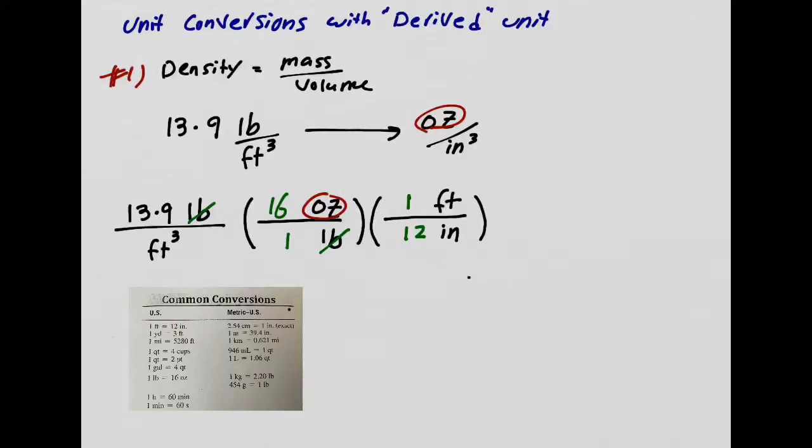All right, now here's the problem. I am not trying to cancel out feet. What am I trying to cancel out? Cubic feet, not feet. Now, I cannot just put a cube over here, because the feet and inches in this conversion are not cubed.